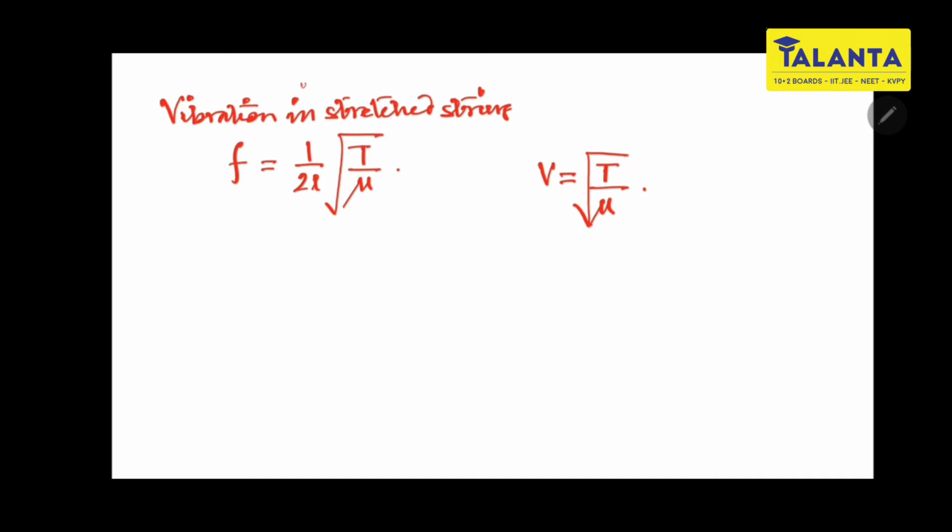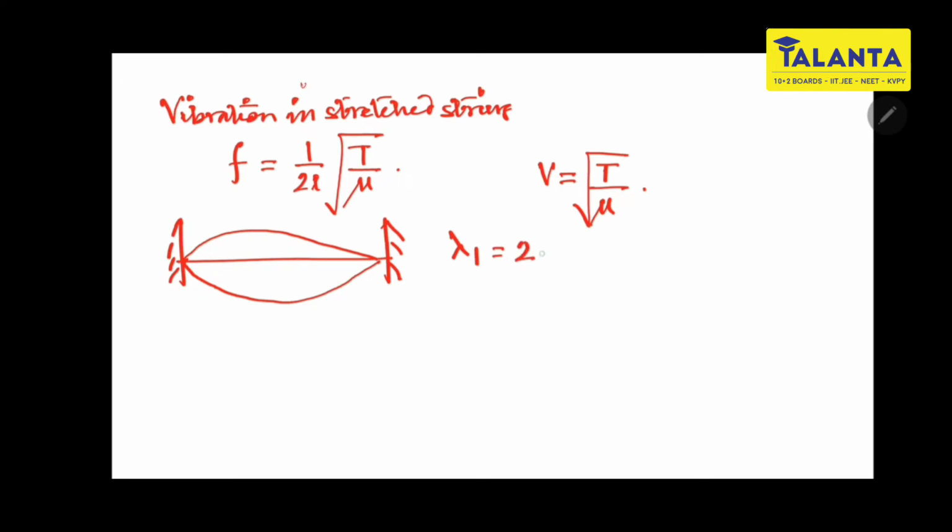Now, in the stretched string, this is the fundamental mode or first mode of frequency. Here lambda 1 equals 2L, where L is the length of the string, and frequency F1 equals V by 2L. This is the fundamental frequency of the stretched string.